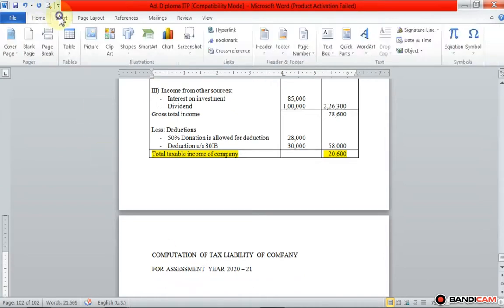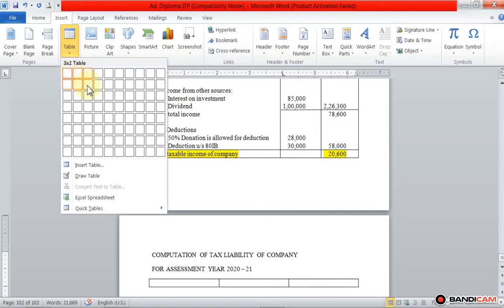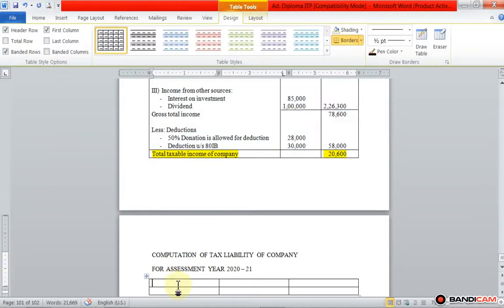Then prepare a 3-column table here: particulars, rupees. So the company is a domestic company.